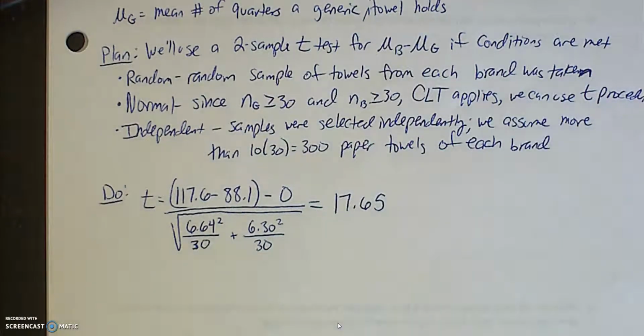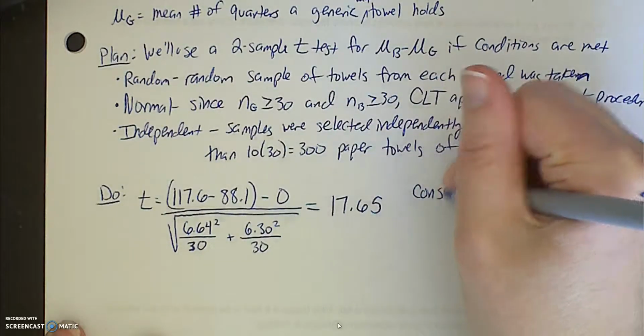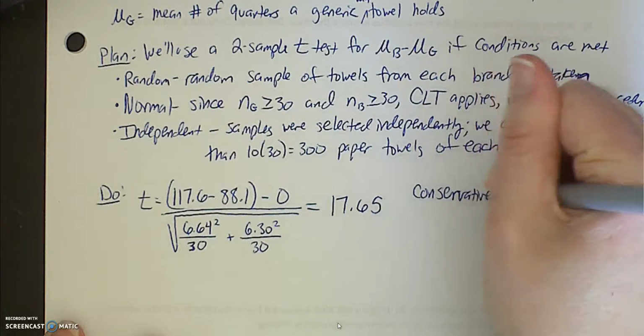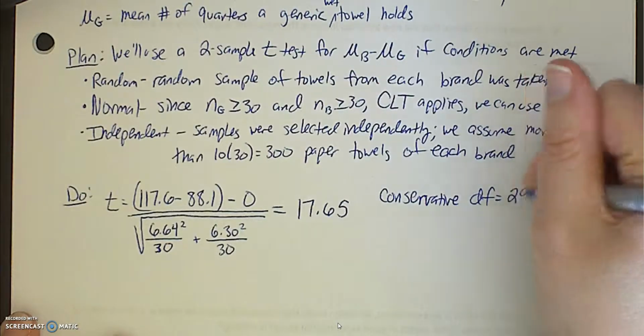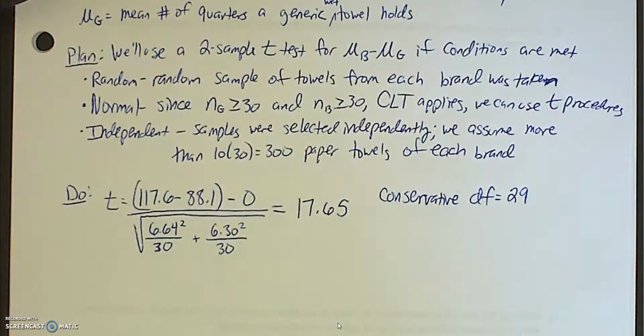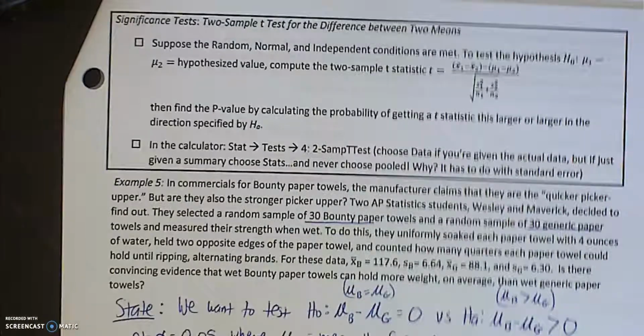So now I need to use that to find my p-value. If I'm using my conservative degrees of freedom, I would just use n minus 1, which would be 29. Either way, I'm going to use my calculator to find my p-value, just like we did for our confidence intervals.